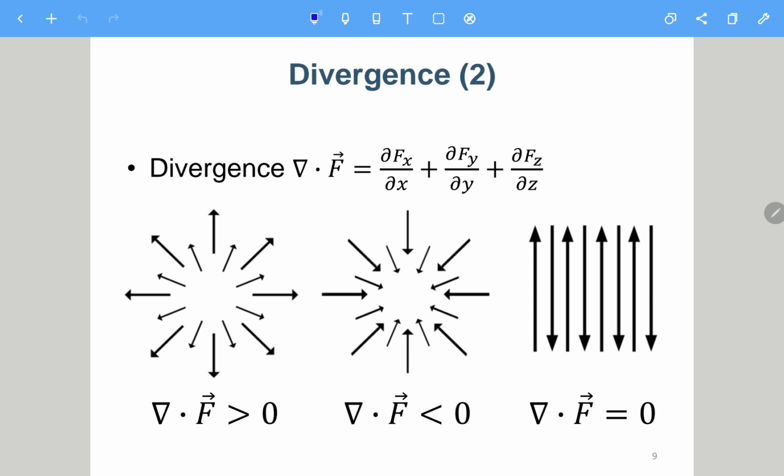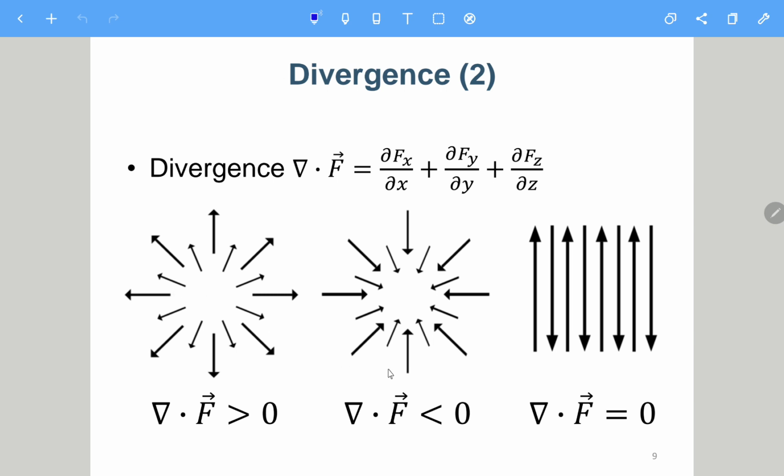Okay, so what does it mean? It looks so complicated. Here is the physical interpretation. If the divergence of f is larger than 0 at a point, it means that f is flowing outward.